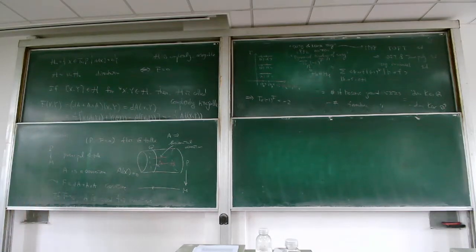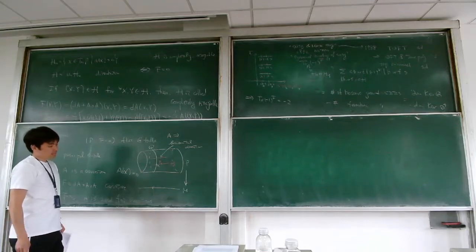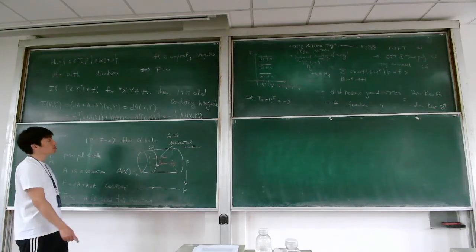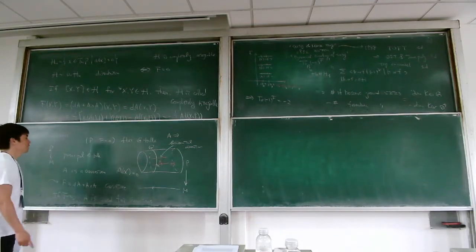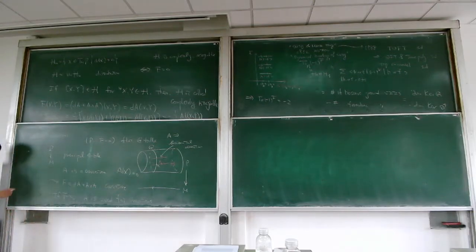So let's see. If f is... it's hard to describe. Given a point u in the principal G bundle, look at the horizontal direction.